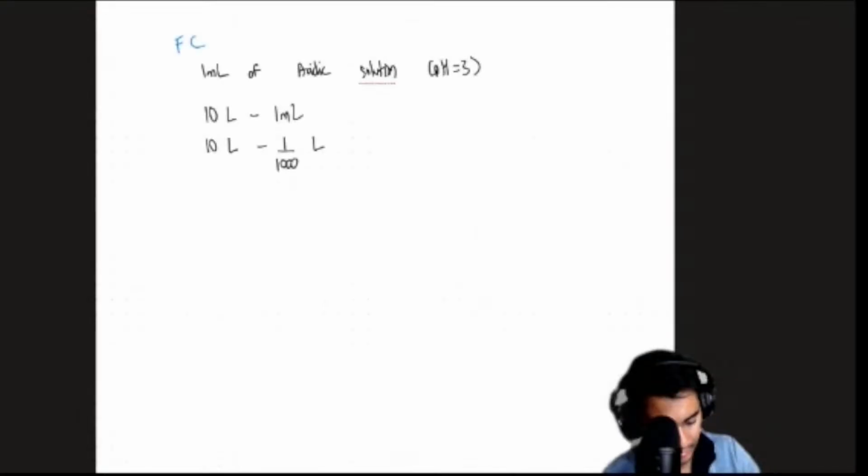And that's going to be liters. So that's going to be 10 minus 1 over 1,000, which is 9.999, I believe. So 9 milliliters of water plus 1 milliliter of acid.